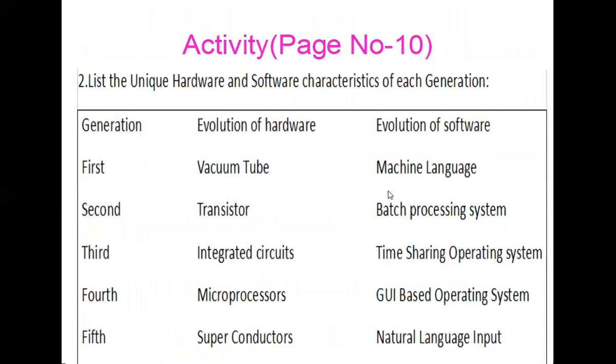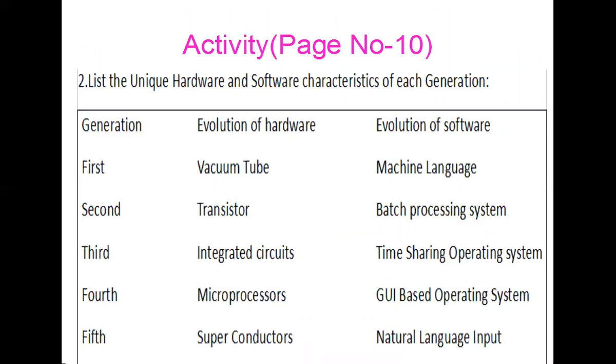Your next activity, page number 10. List the unique hardware and software characteristics for each generation. First generation: hardware vacuum tube, software machine language. Second generation: hardware transistor, software batch processing system.